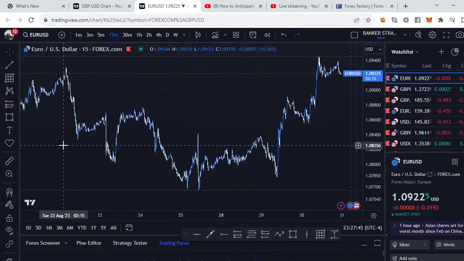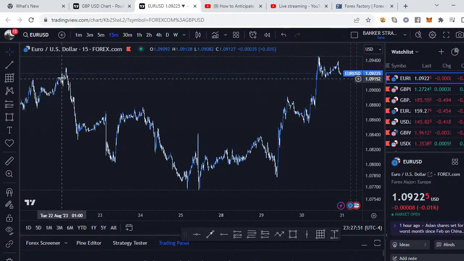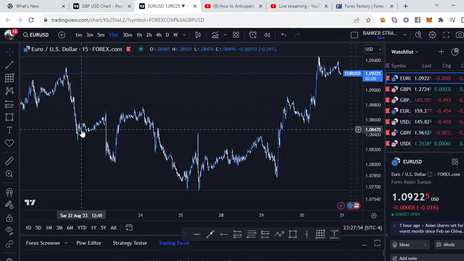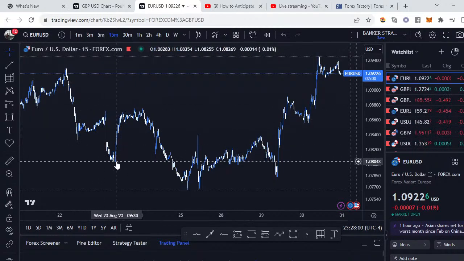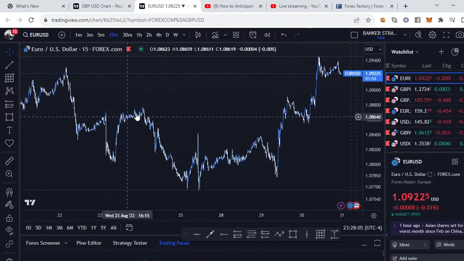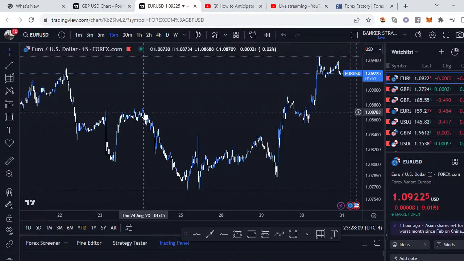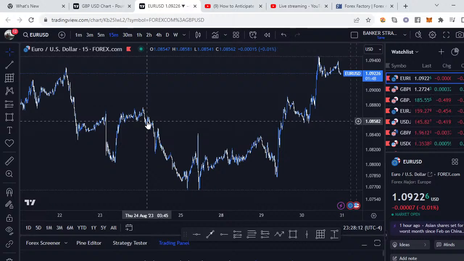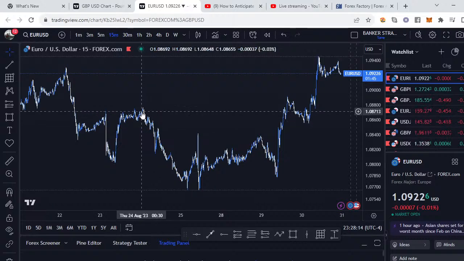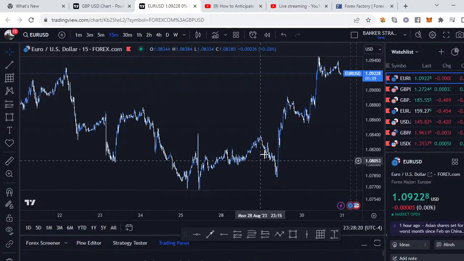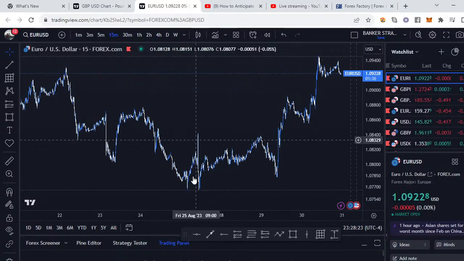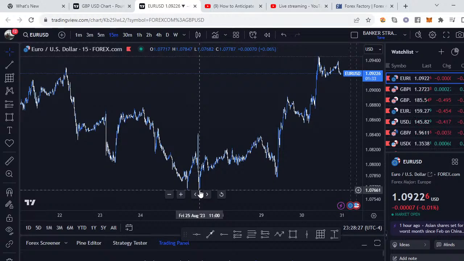Okay. We can see right here by 3 in the morning, we had sudden movement, right? And then you see around 8:30, we had sudden movement. Between 2 and 3 sometimes, sudden movement down. Three, sudden movement up, and then it came back down.